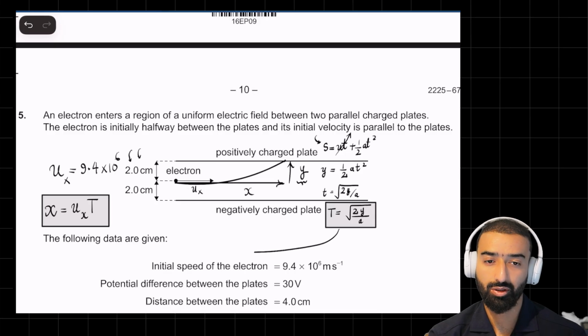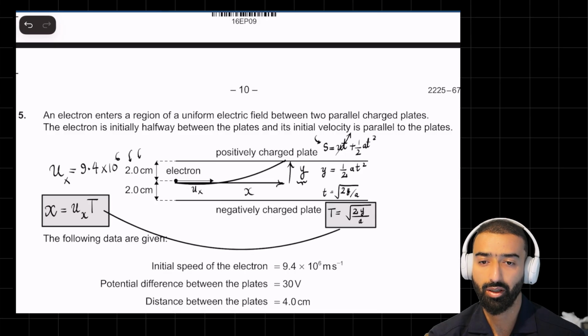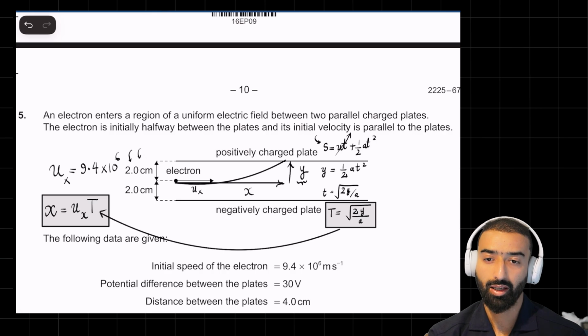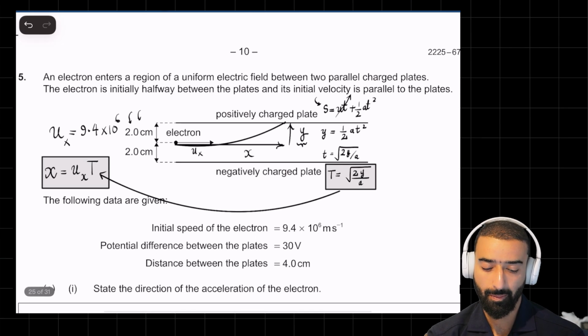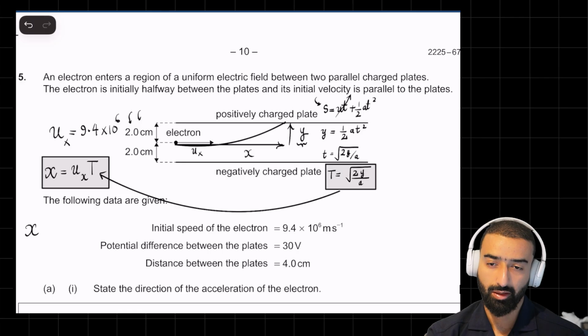I'm going to use this value and substitute it here. If I do that, our equation becomes x equals u of x times the square root of 2y over a.